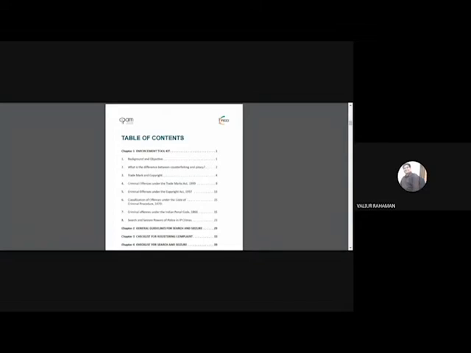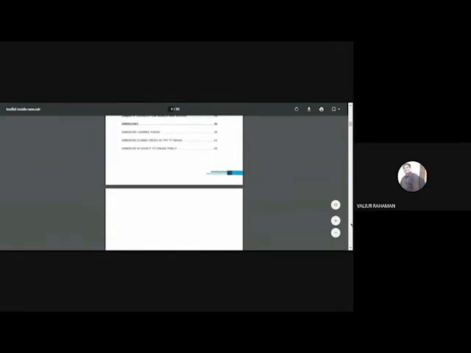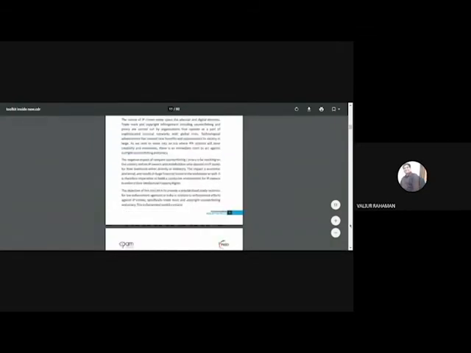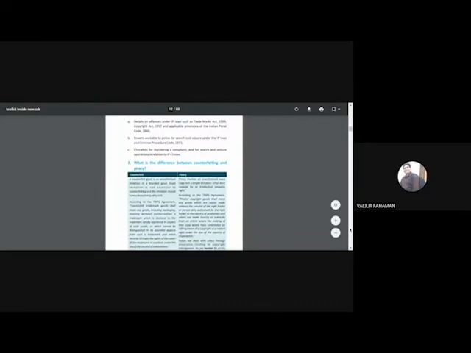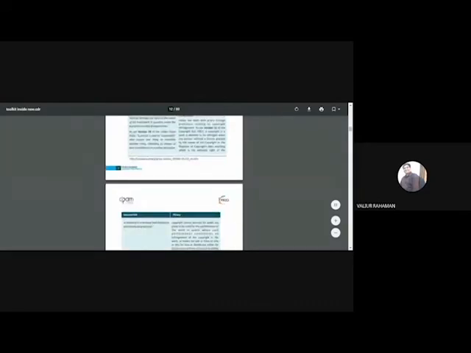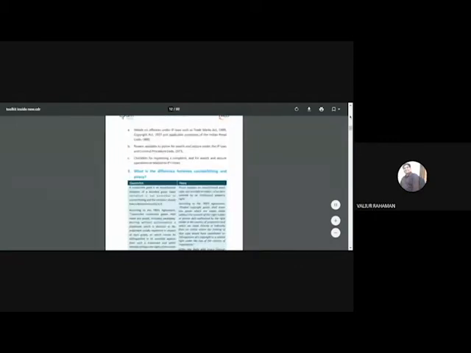I have already given its link over the Moodle, you can go through it. This IPR toolkit of 80 pages will give immense knowledge about IPR, what you are studying so far here as a course, right?